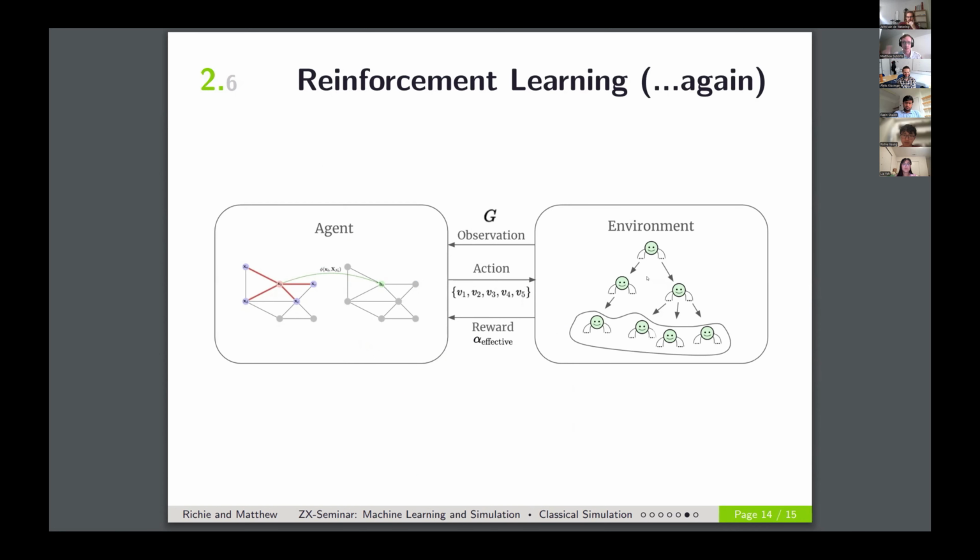And you use this to simplify your graph, and it gets rewarded when, for instance, the T count is reduced. Whereas in this case, the action space would be the decompositions. So it can choose which decomposition to apply and on which set of spiders. And whenever it applies decompositions that, after a few iterations, manage to have a lower effective alpha, so it removes more T-gates at the cost of fewer turns, then this is more highly rewarded.